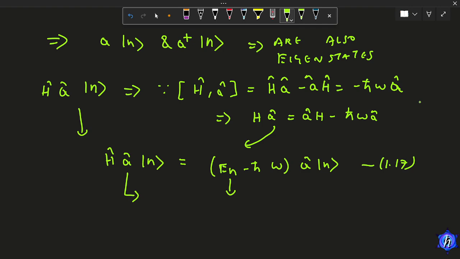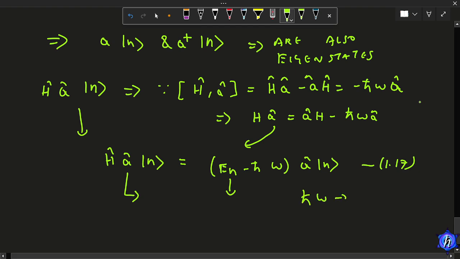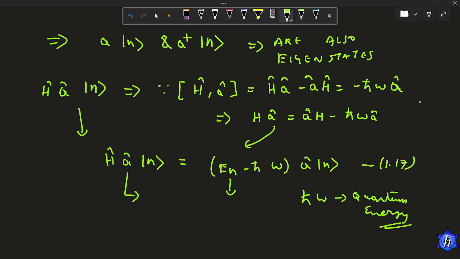What is a quantum of energy? ħω is a quantum of energy. In particle quantum mechanics, this is a familiar terminology.